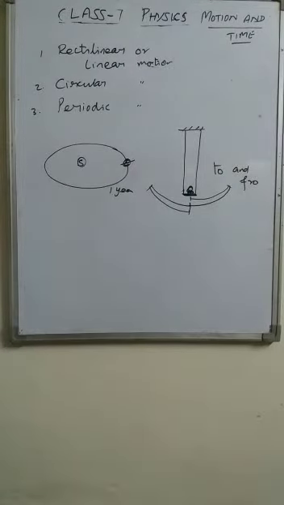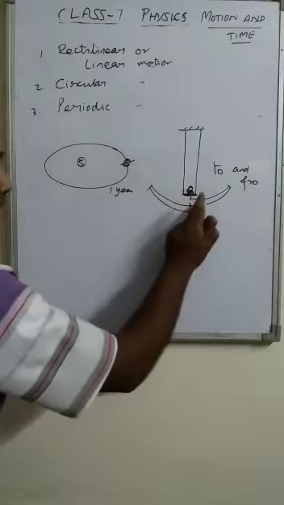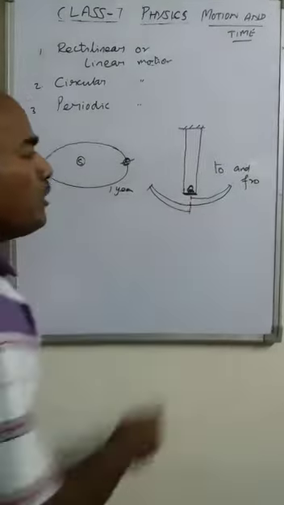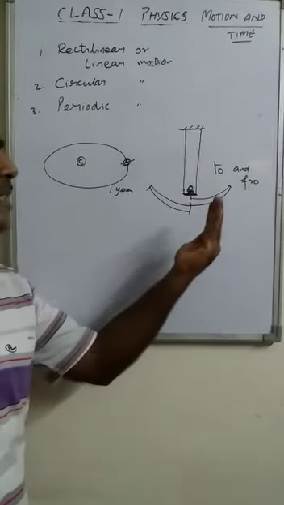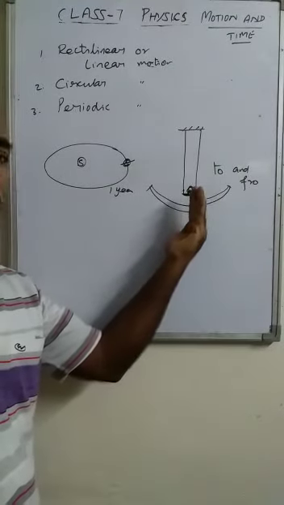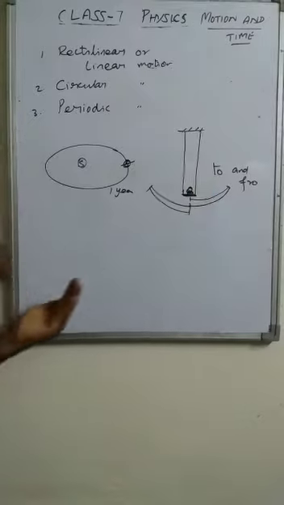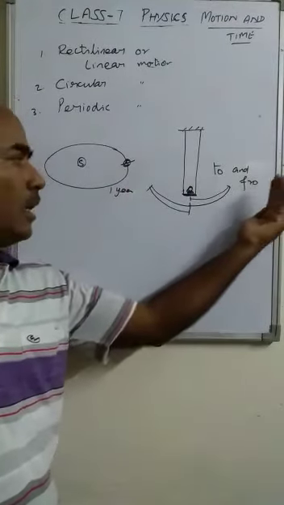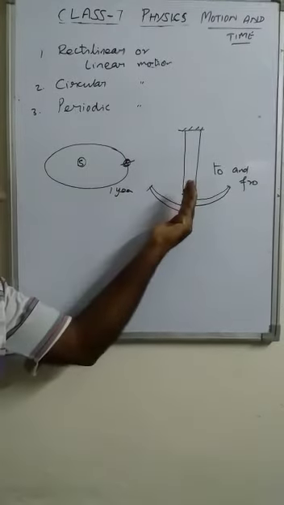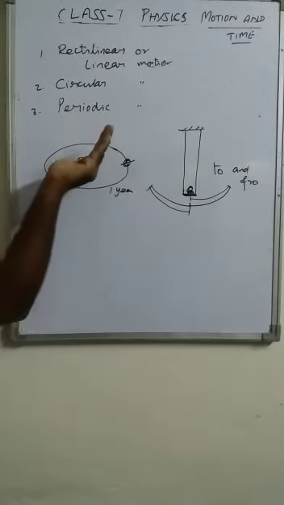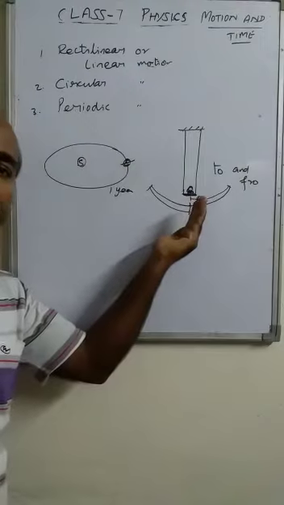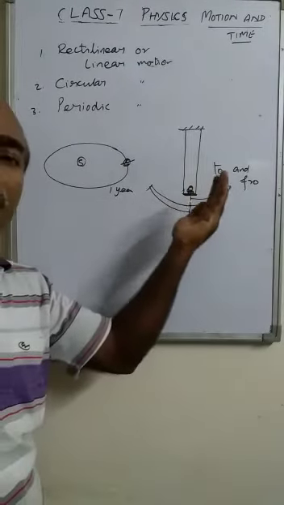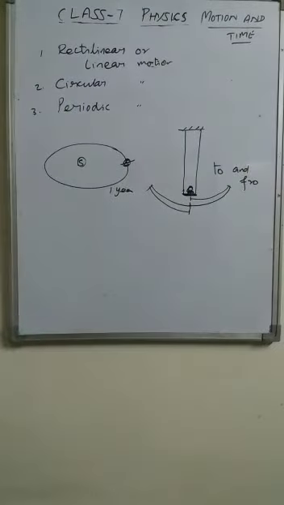But the difference is, here the child is moving in the swing in to and fro motion. To and fro motion means like this: it starts from this point, moves to one side, comes back to the same point, moves to the other side, and again comes back to the same point. This type of motion is known as to and fro motion.